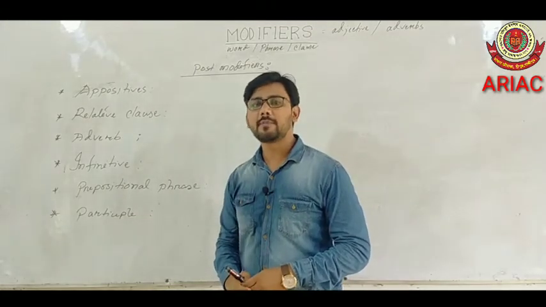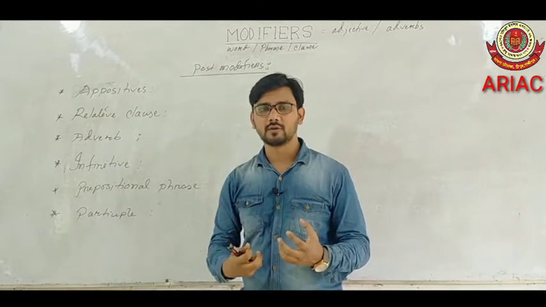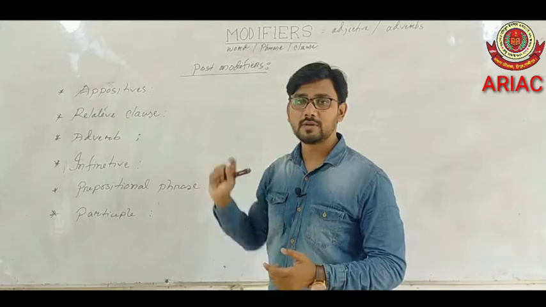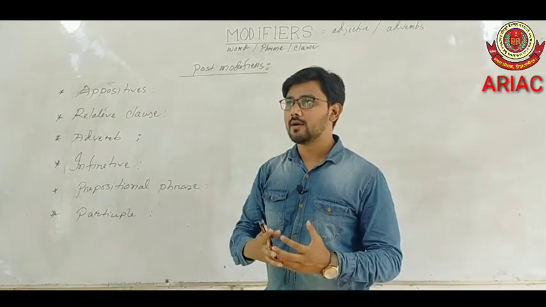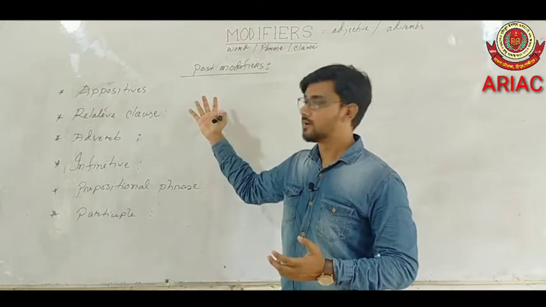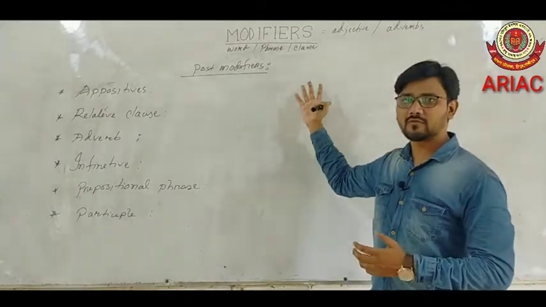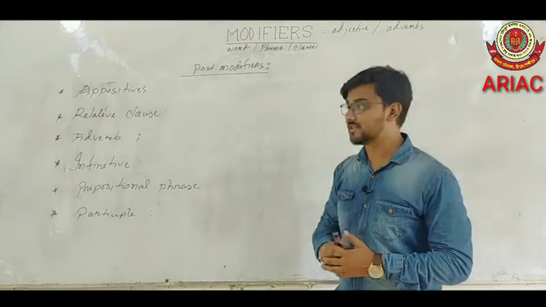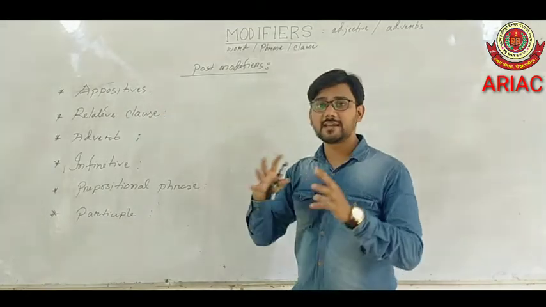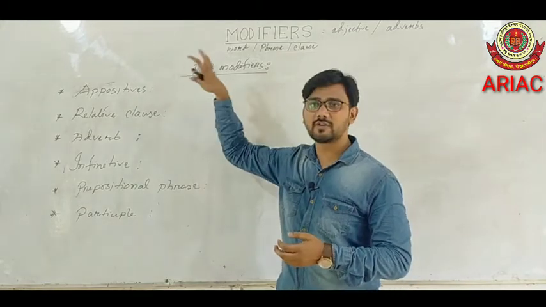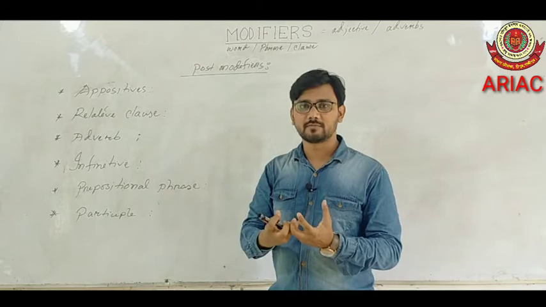What is an appositive? Appositive means the extra information of the previous noun. Like, Mashrafi is the captain of Bangladesh cricket team. So we have to add extra information after the word Mashrafi, like the captain, the cricketer.